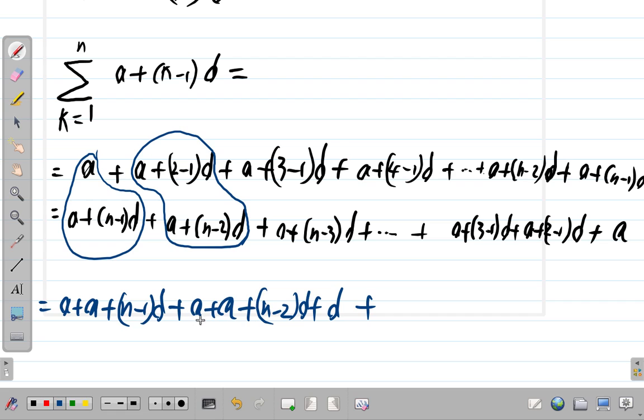Alright. How do we fix up this part? A plus A, alright, n minus 2D. Let's expand the bracket here and see what we have.